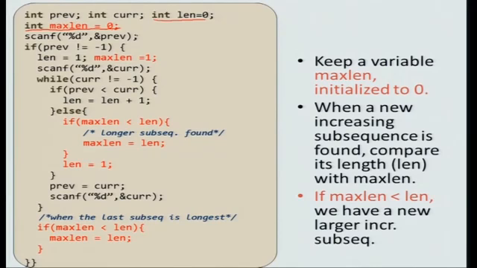Okay. Then you scan the new number. If the new number is not -1, you continue. So length equal to 1. Now max length equal to 1, because currently the longest sequence that we have seen so far is 1 long. Okay. You scan the next number.